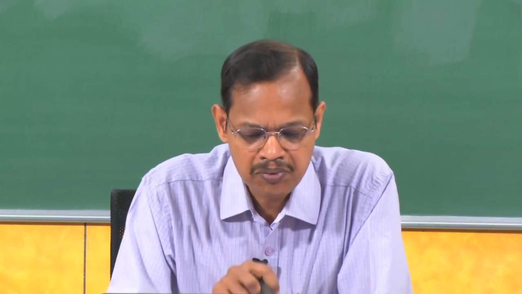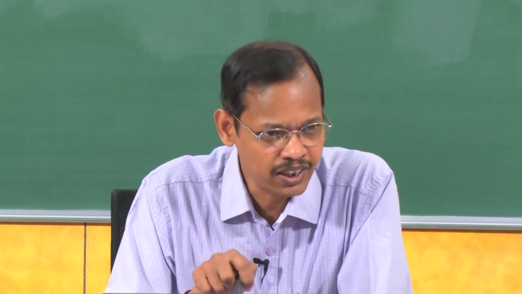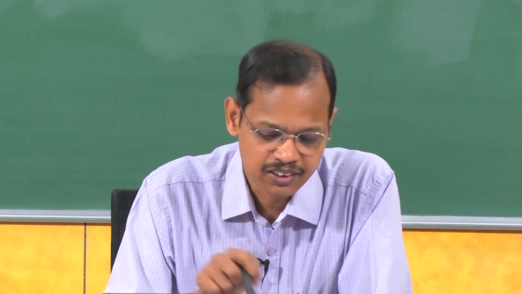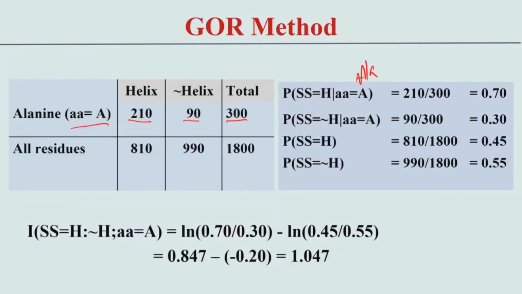For example, the probability of the particular residue alanine in helix. What is the probability? Totally how many residues? 300 alanines. We are talking about alanine. With 300 alanines, how many alanines are in helix? 210.